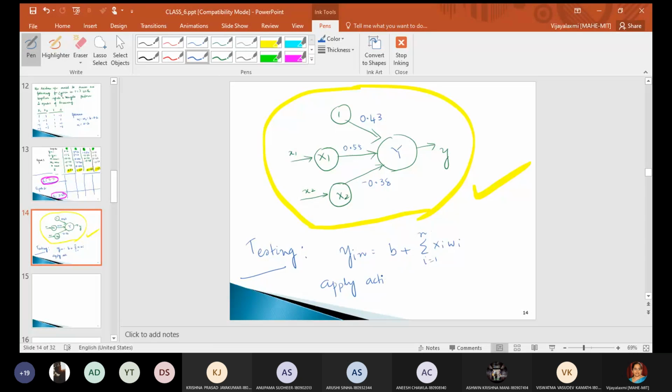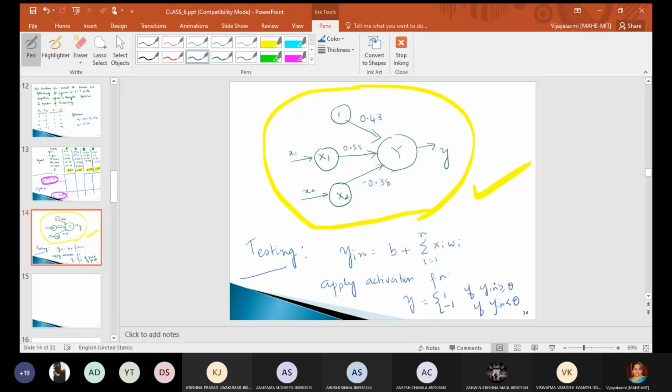This Adaline network uses the bipolar activation function, so y is 1 if y_in is greater than or equal to the threshold, and minus 1 if it is less than the threshold. If you want to test, calculate the y_in values and you will come to know whether it is greater than or equal to the threshold.